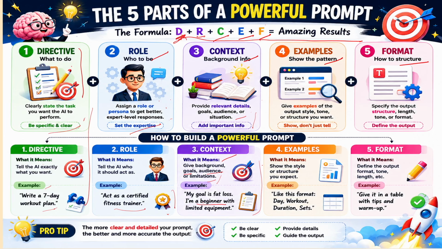What it actually means is showing the style of the structure, like a table, a JSON format, or bullet points. For the same fitness trainer example, if we specify a format like day, workout, duration, sets, we would get back the desired result.